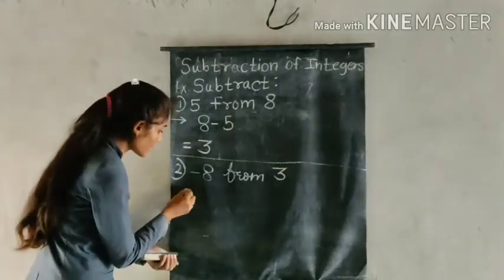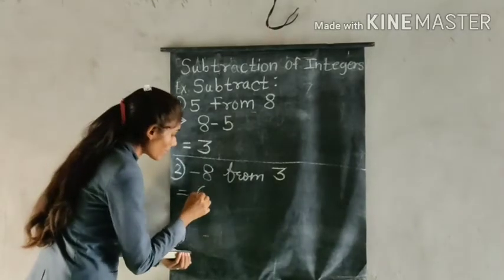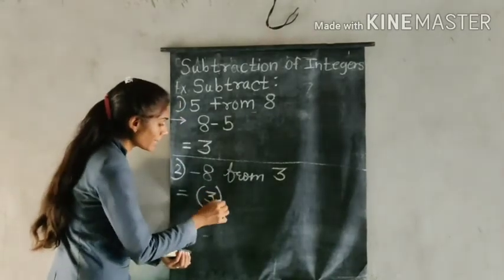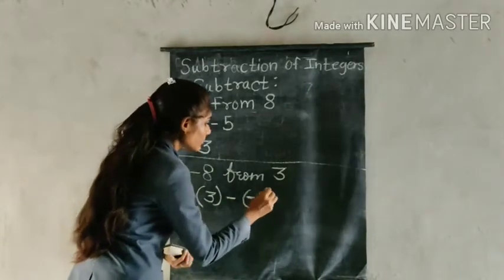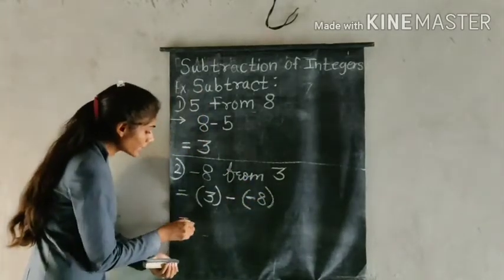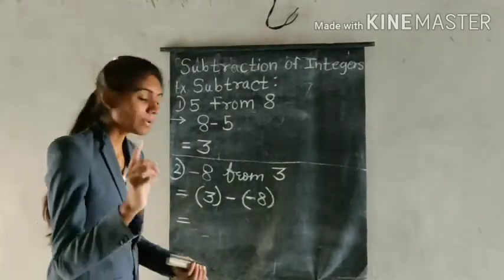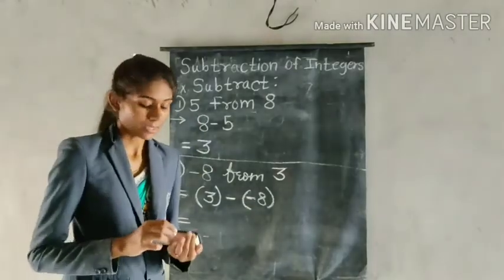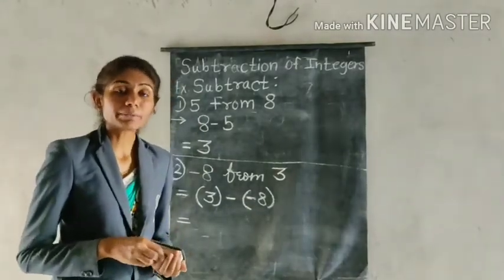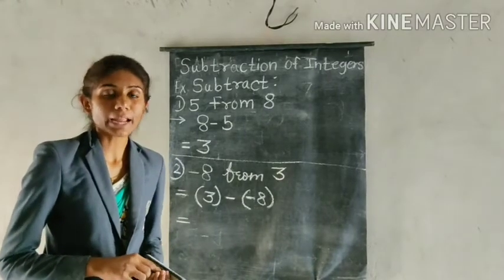The first step is to write them in a proper form: second number minus first number. After this, wherever both the signs are different, we need to change the second number's sign always. After changing the second number's sign, we have to perform the normal addition.